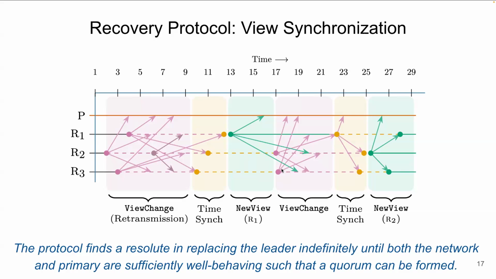And once this leader R1 receives enough messages saying that they have all detected failure, it says, okay, I also time out, I also join the view change message. Then all the nodes again resynchronize for the next primary in line, R2. At that point, R2 also synchronizes, sends a new view, and now everyone switches to the new view because the new view arrives in a timely fashion.